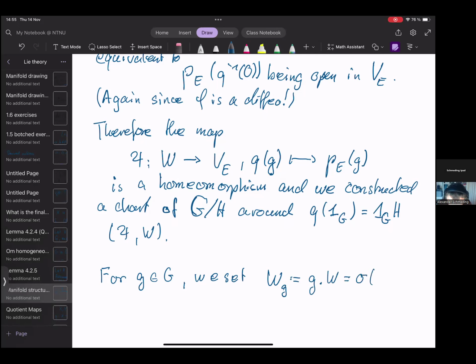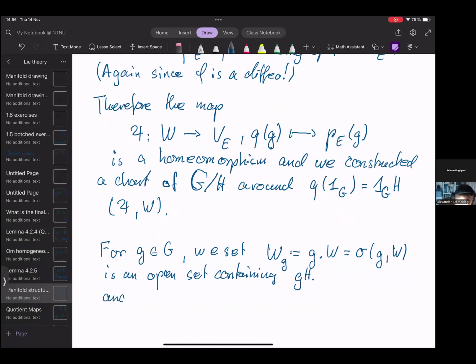So here we have the sigma, the group action, which is continuous, so gives us a homeomorphism, and we can plug in the G and the set on which it should act. So this is an open set containing the coset G times H.